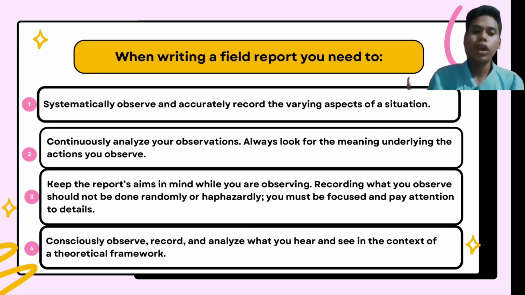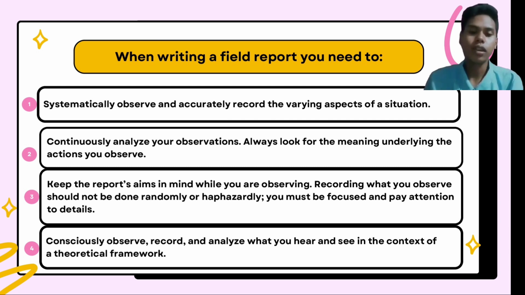When you're writing a field report, first, you need to systematically observe and accurately record varying aspects of a situation. Second, continuously analyze your observations and always look for the meaning underlying the actions you observe.